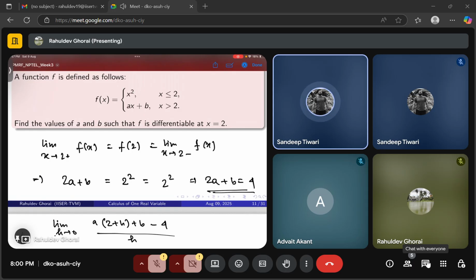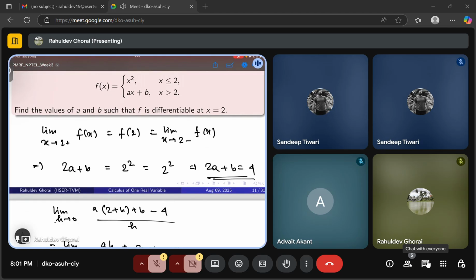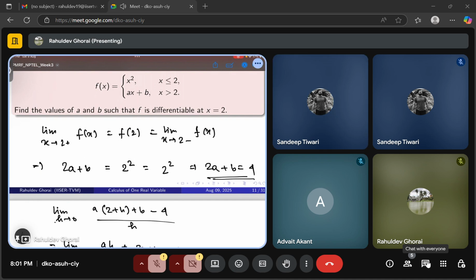The derivatives must be equal from the two parts, sir. No, why? They need not be, if it is a differentiable function, the derivative might be discontinuous. You have no problem with that.